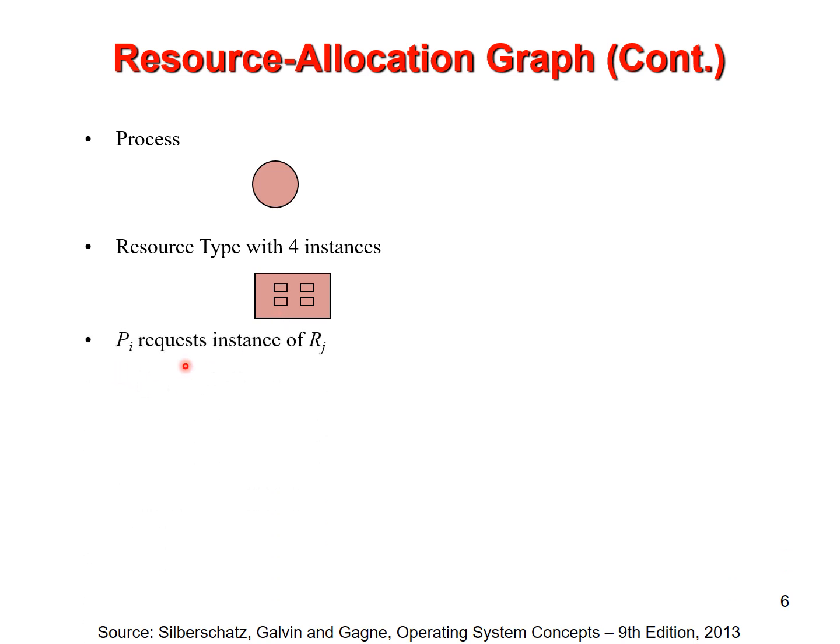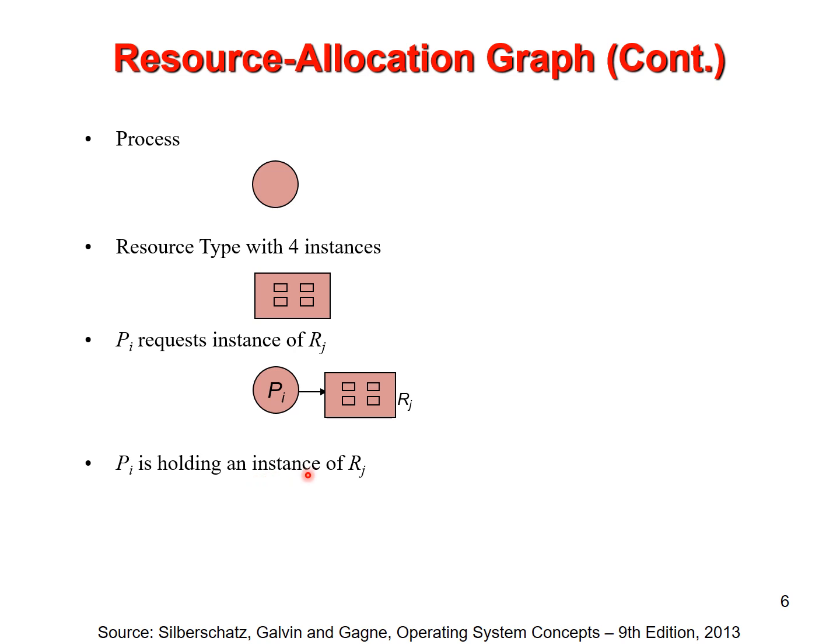Now Pi is making a request to a particular instance of Rj. If that is the case, the process is represented like this, making a request to a particular instance of this resource Rj.